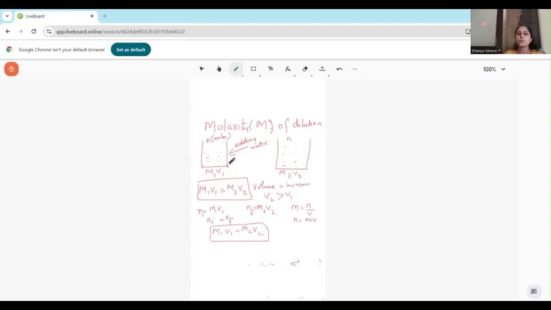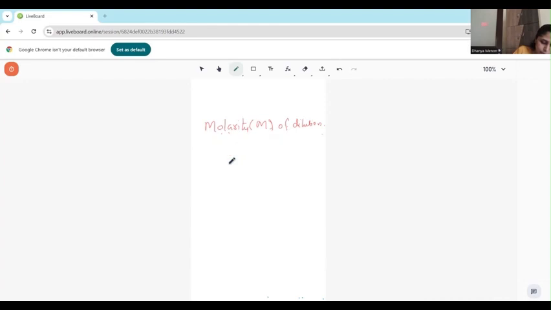Okay, so the number of moles of the solute does not change when you dilute. Based on this, we will do a question now. I'm writing this formula over here: M1V1 is equal to M2V2. 100 ml of HNO3.